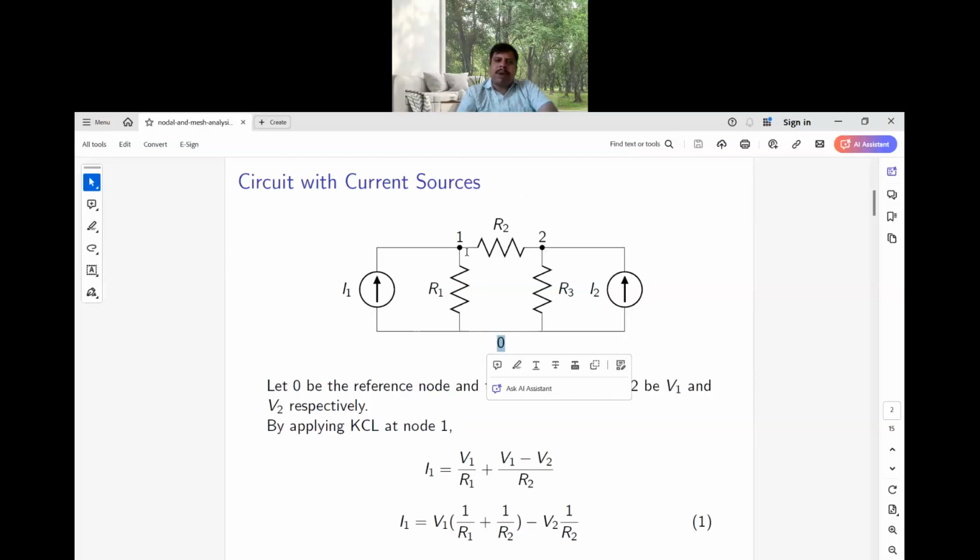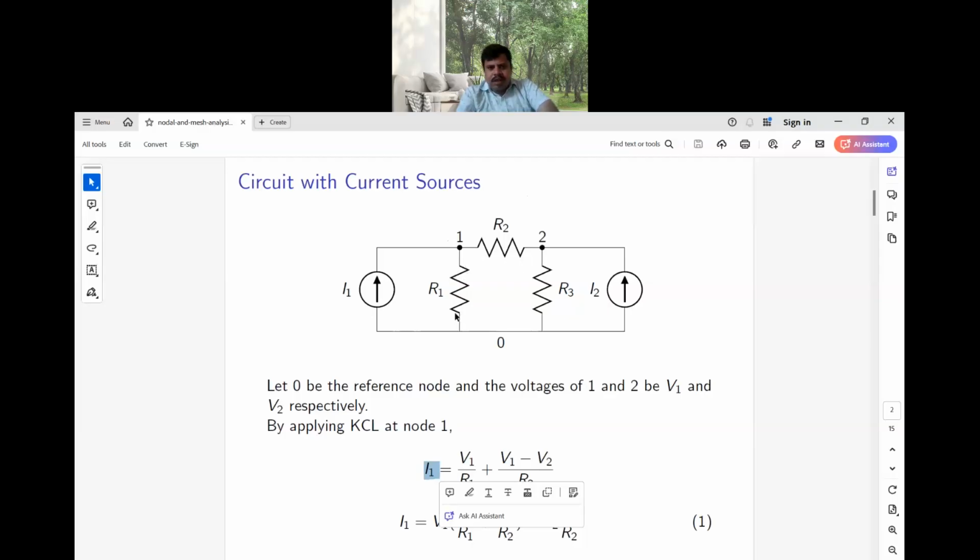When you apply KCL at junction 1, assume the junction 1 voltage is V1 and the junction 2 voltage is V2. At junction 1, the incoming current is I1. The outgoing currents are one current flowing from 1 to 0 through R1, and another flowing from 1 to 2 through R2.